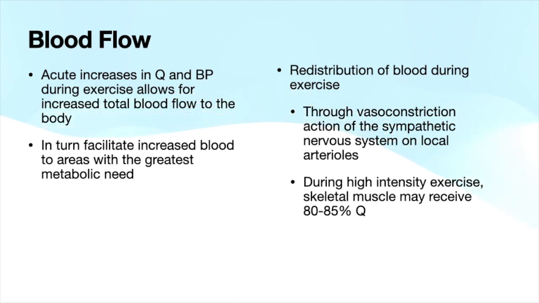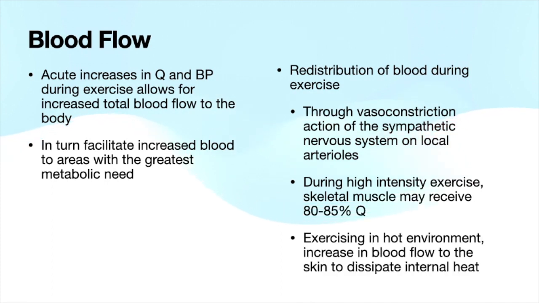Now, if we exercise in a hot environment, there is also a redirection of blood to our skin so that we can regulate our internal temperature. By increasing blood flow through the skin, we are able to dissipate internal heat faster and quicker, right?